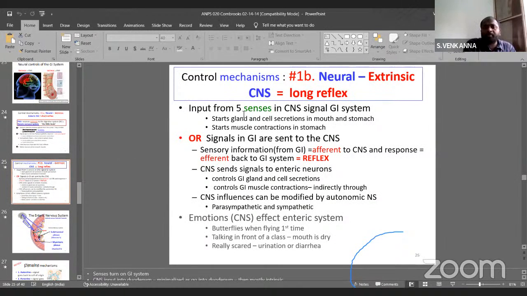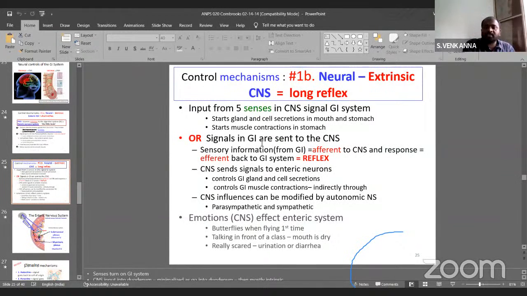Input from the five senses goes to the CNS and signals the gastrointestinal system. The five sense organs start gland and cell secretion in the mouth and stomach, and start muscle contraction in the stomach, the peristaltic movements, the contraction of smooth muscle.